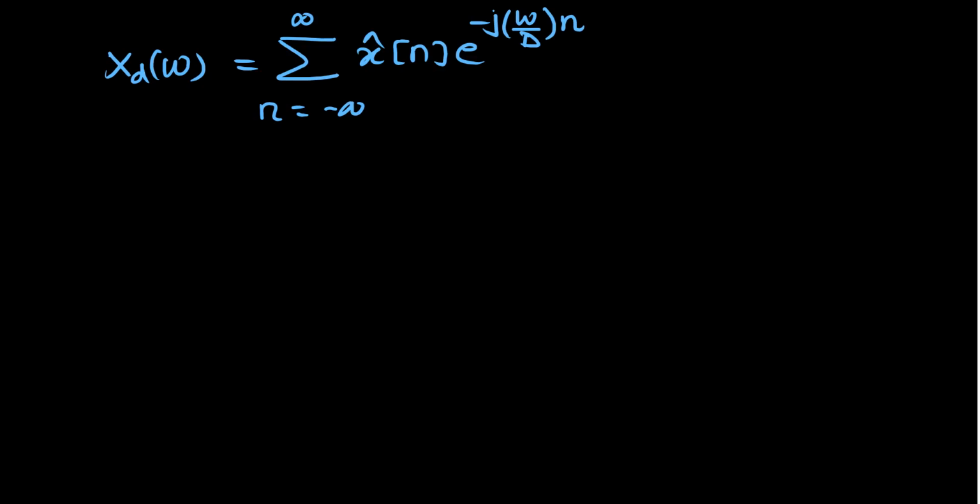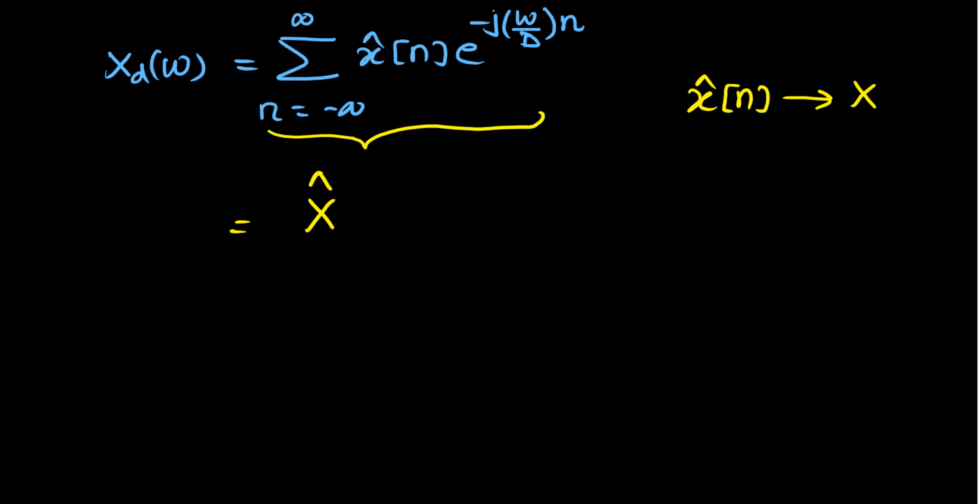So now if we observe this factor here, we can say that it is basically the Fourier transform of x hat of n. So we are considering this sampled version signal x hat of n having a Fourier transform of x hat of omega.